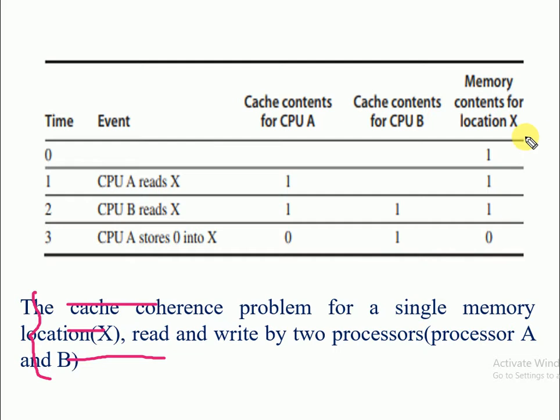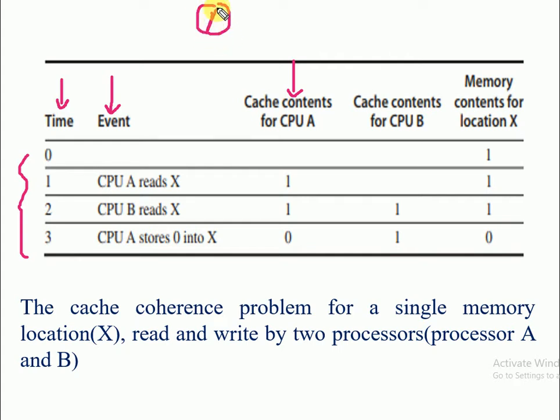So we will see one example of the cache coherence problem. We will see one simple situation where we can easily identify the problem of cache coherence. The first column indicates the time, and the second column the events that are occurring at each time. Now this is the cache content of CPU A. Assume that we have two processors, A and B, two CPUs.